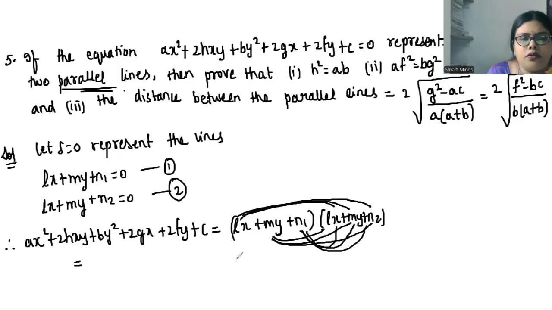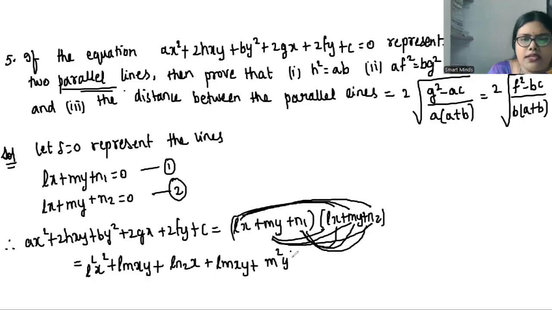Okay, so Lx into Lx is L square x square plus Lm xy plus Ln2x plus Lm xy plus m square y square plus mn2y plus ln1x plus mn1y plus n1n2.